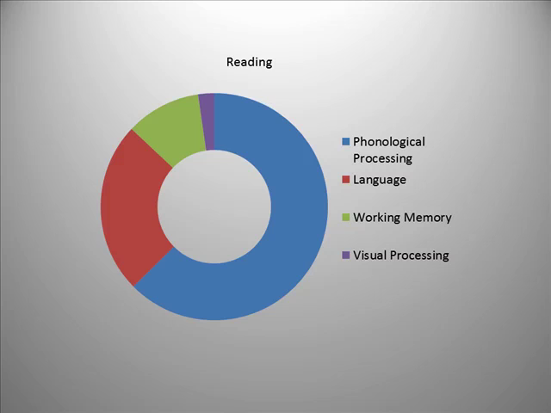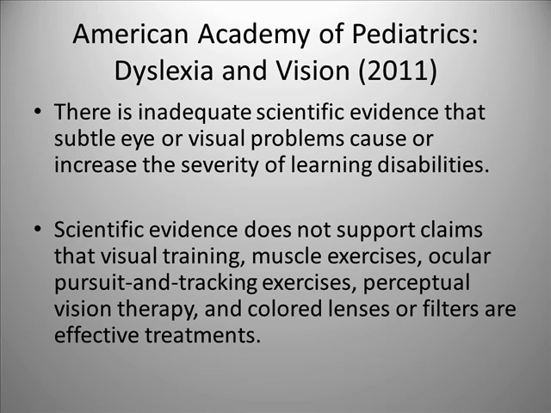Only 3 to 5% of the variance is associated with a visual problem. A 2011 position paper from the American Academy of Pediatrics critically debunks visual therapy. Yet these practitioners, optometrists, are getting $3,000 a pop to do 15 weeks of intensive training that is basically placebo.